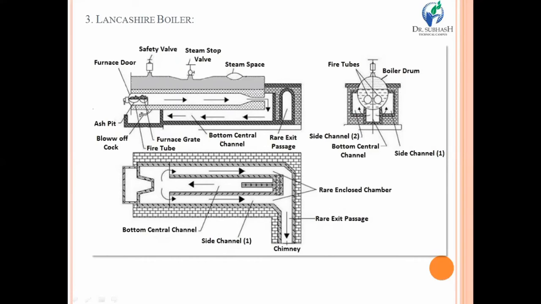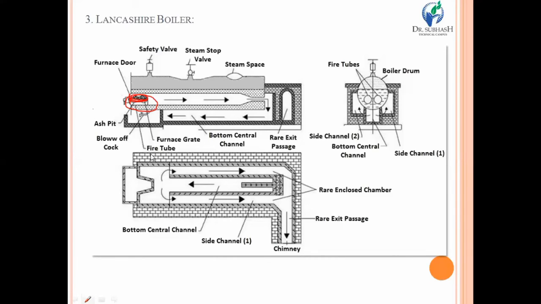Now you have been given three diagrams, three different views of the same boiler, the Lancashire boiler. Look at the topmost diagram. There are tubes in which, on the left-hand side, a grate is provided, and above the grate there is a coal bed, and this is the furnace door.